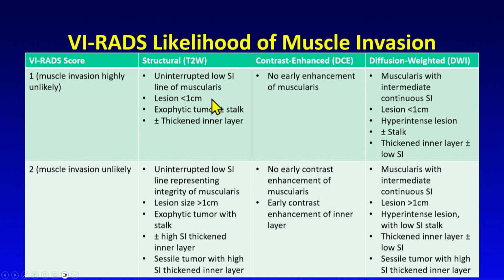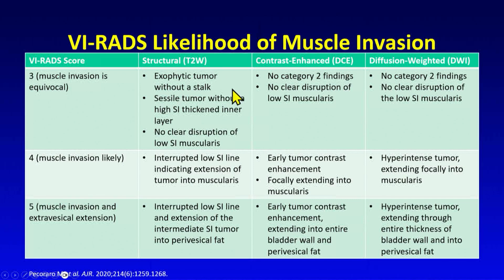And the other features that come into play would be the size of the lesion, and whether the tumor has a stalk or is a sessile mass. But really, I want you to focus in on that line for the muscularis. When you get to VI-RADS 3, we don't have clear disruption of that low signal intensity line, but there are other features that are slightly higher risk.